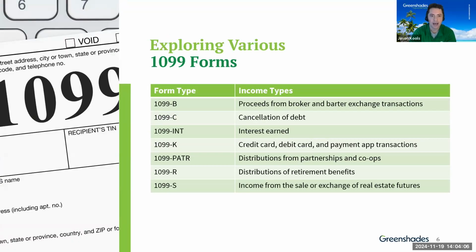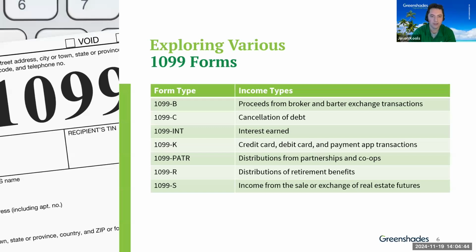Next, outside of those common form types, there are other various 1099 form types as well. There's quite a few of them, so I won't touch on all of them here. But like Jerica mentioned, we will be sharing this slide deck, so if you need to refer back at any point, definitely feel free to do so. The 1099K, I'm just going to call out right now, we'll have a slide on that form type a little bit later on today, but that's going to be for reporting things like credit card, debit card, and payment app transactions.